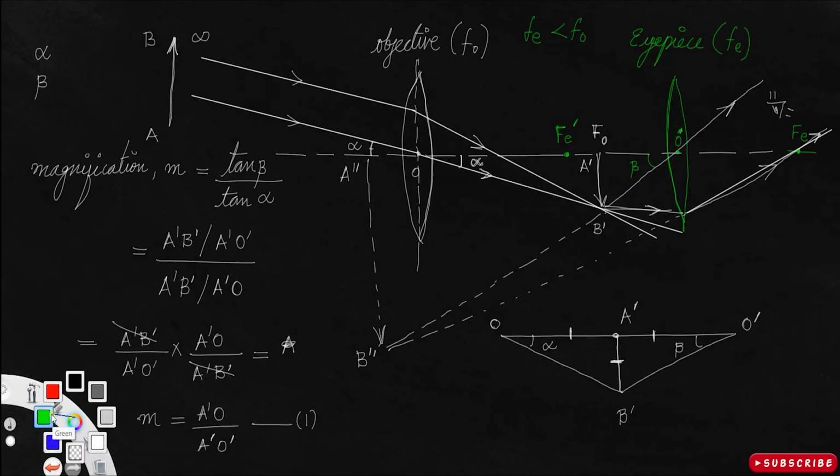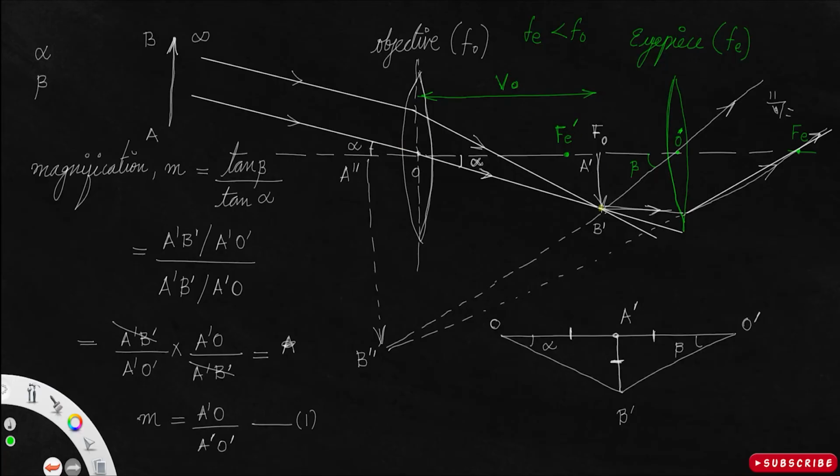Now I need to mark the distances A dash O and A dash O dash in terms of the image distance, object distance, etc. When you look at this image A dash B dash, we usually represent the distance of the image as V. Since this image is formed because of the objective, I can take that as VO.